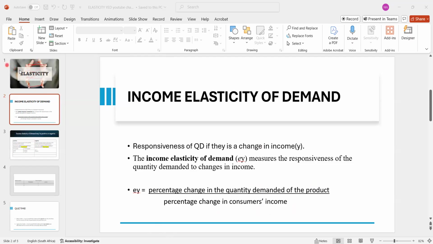To calculate the change in quantity, you say Q2 minus Q1 divided by Q1. And to calculate the change in income, you say Y2 minus Y1 divided by Y1.